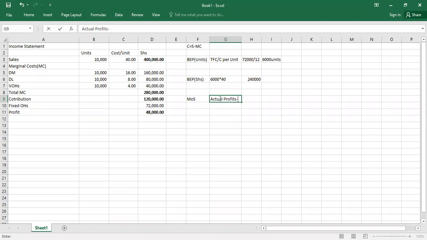So our margin of safety is the actual profit that we've gotten, we are talking of the gross profit, which is 280,000. Then we minus the BEP. Our BEP is 240,000. So we get 40, and our margin of safety will be 40,000.